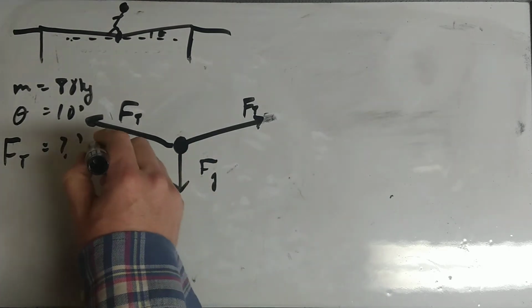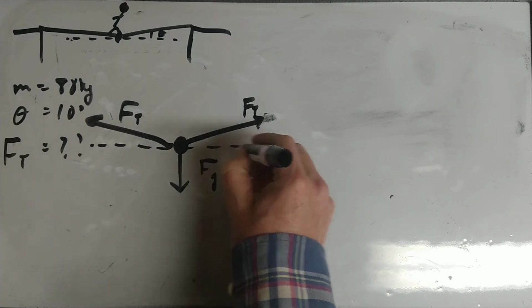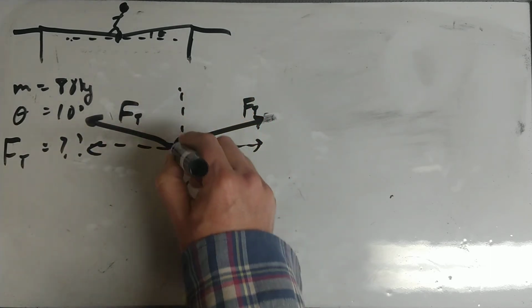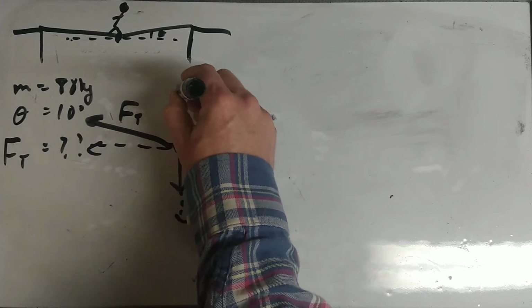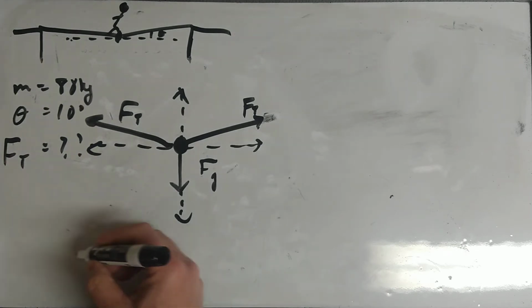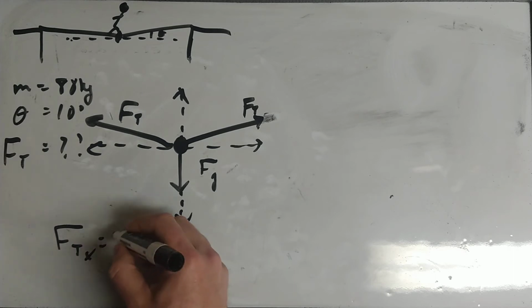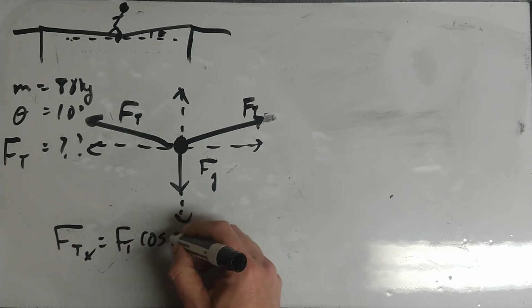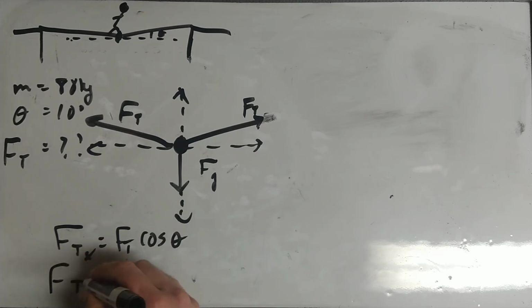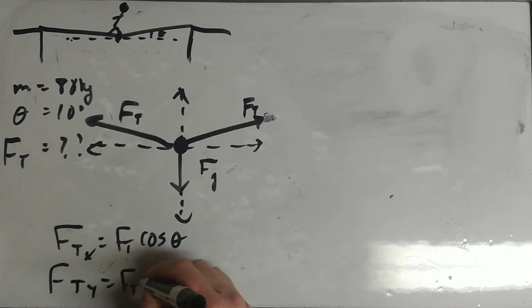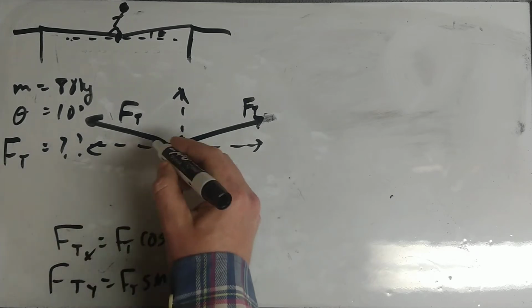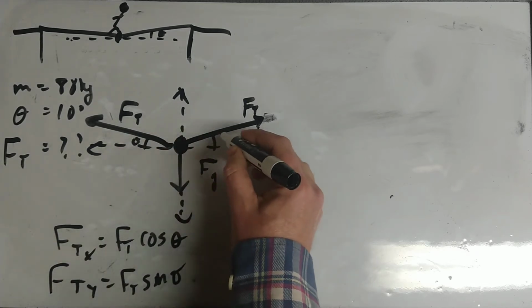So what we do is put this on a coordinate system. That's the first step here. And break any vectors into the x and y components. FTx equals FT times the cos of theta. And I don't need to do this twice. FTy is FT sine theta here. It's just a normal triangle, unlike the last problem.